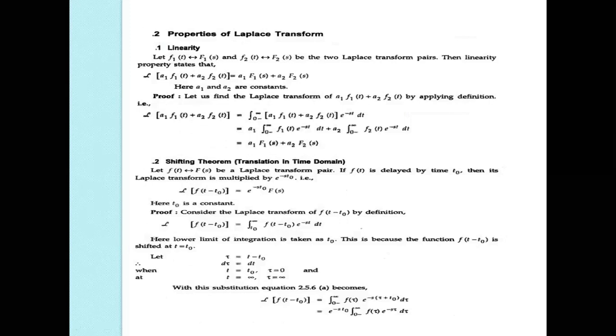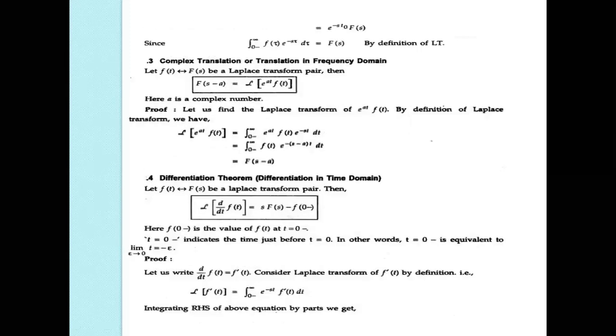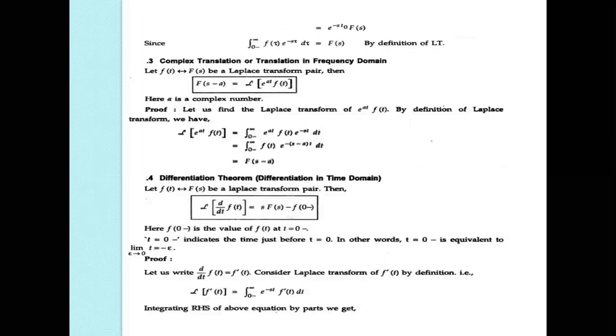And these are the five Laplace transformation properties we discussed. First, linearity property. Second, time shift property, or translation in time domain.